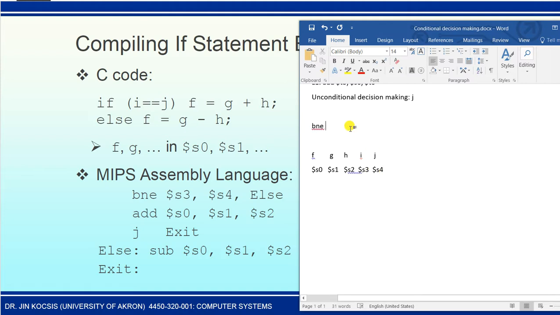So here I will say, if i and j are not equal, that is, if S3 and S4 are not equal, I will branch to the operation which is subtraction and corresponding to the label else. So I put this.